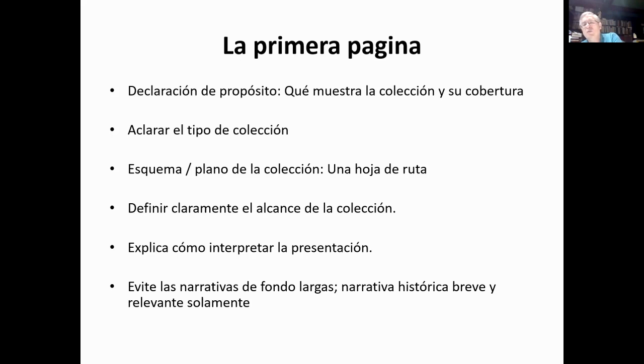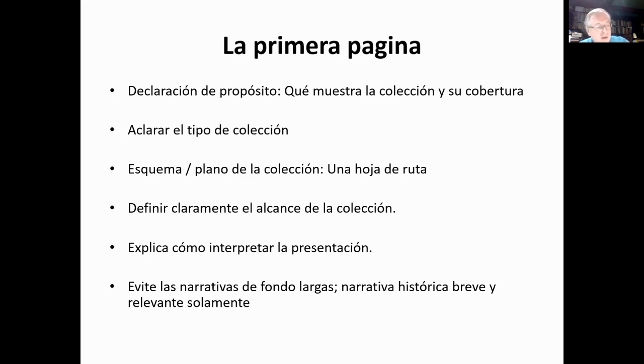The other thought, and this is something that many exhibitors do, they go into long background narratives about the historical background of the country or some aspect of the administration of the subject that they're showing. And it's all background. It's really easy to give long paragraphs that, I don't say they're irrelevant, but they're not helpful, nor are they particularly important.